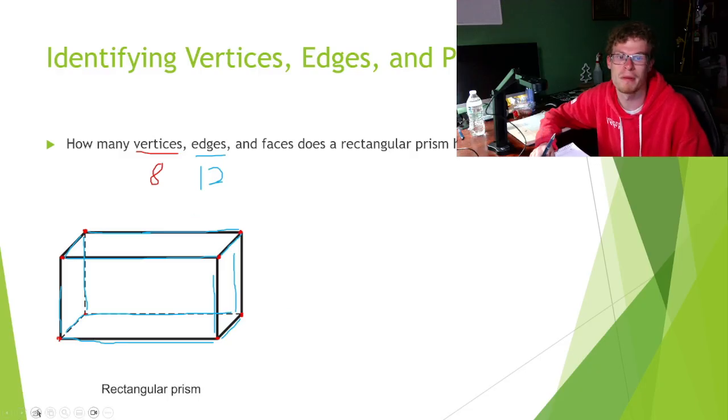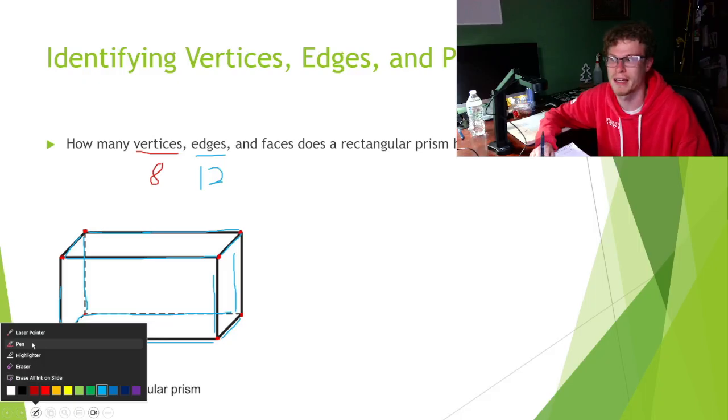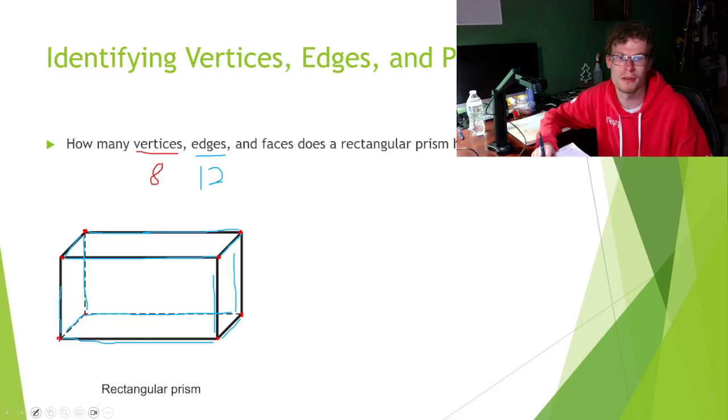And then how many faces does a rectangular prism have? The faces are just the shapes that are forming around your solids. Let's change that color up just a little bit. There we go. Faces: there's one here, here. You have faces on either side, and then you have a face on top and the face that is in front.